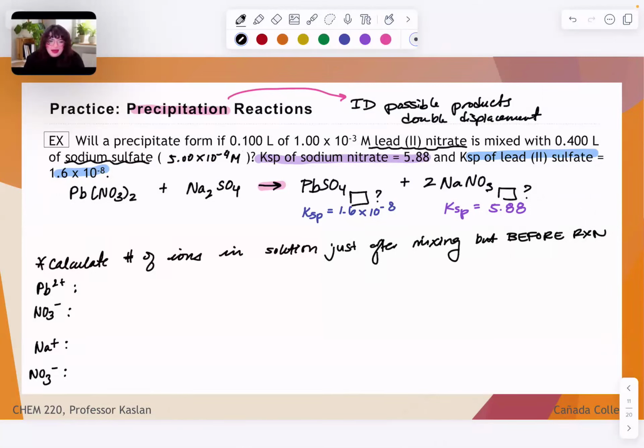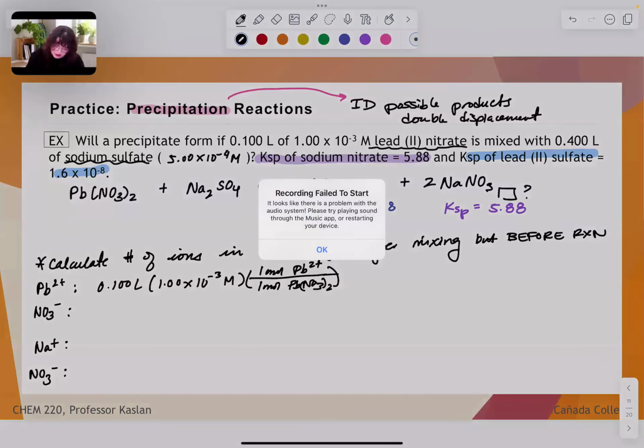So how do I figure out my lead ion concentration? I need to look at the compound that is the source of my lead ion. This is my lead 2 nitrate. I'm given a concentration and a volume, which means I can get moles. So I have 0.100 liters times 1.00 times 10 to the negative 3 moles per liter of the lead 2 nitrate. And I also know that for every 1 mole of lead 2 nitrate dissolved, 1 mole of lead 2 ion is put into solution.